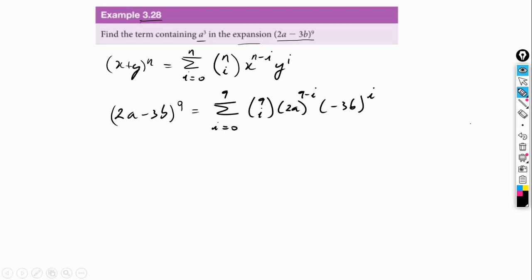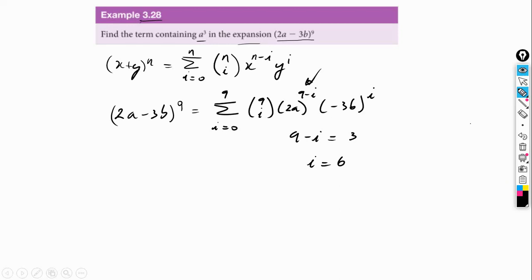So they're asking for the term containing a to the 3. The only way we can get a to the 3 is here, so basically we need 9 minus i to be equal to 3. That means that i is definitely going to be 6.